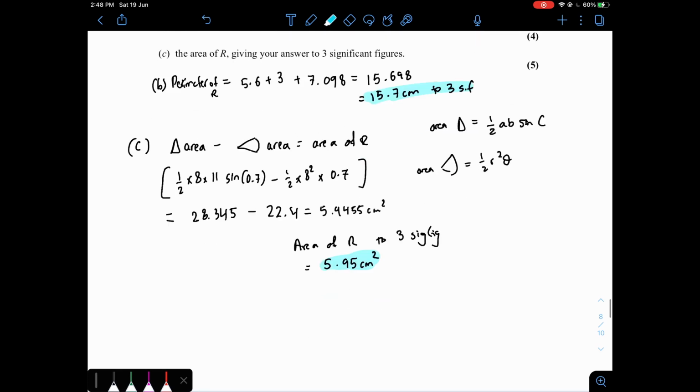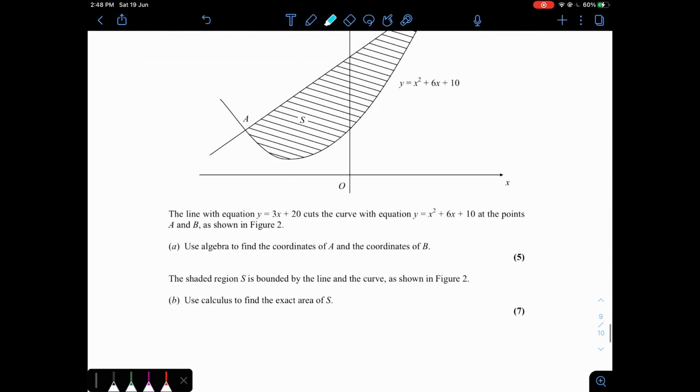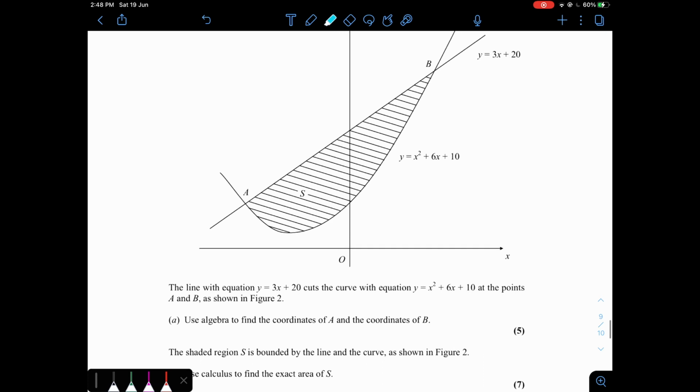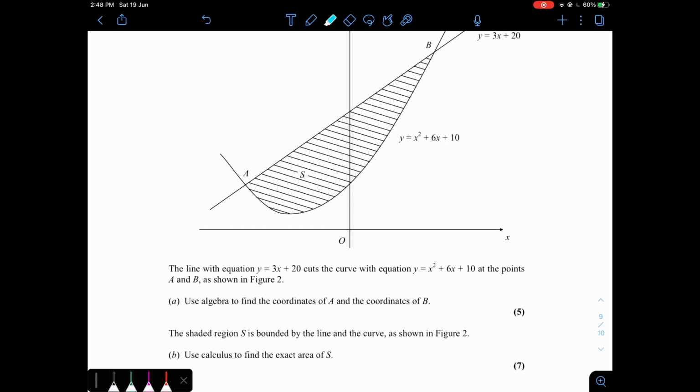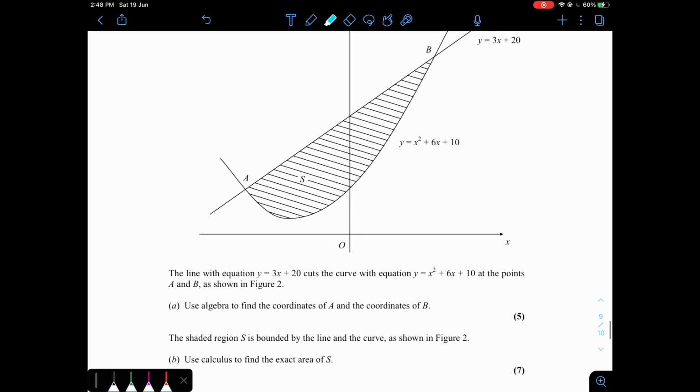Let's move on to question number 8. It says the line with the equation y equals 3x plus 20 cuts the curve. Use algebra to find the coordinates of A and B. So we need to find the intersections.